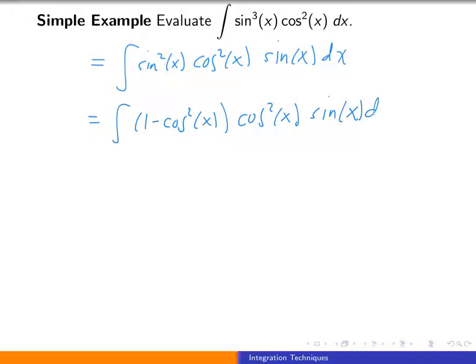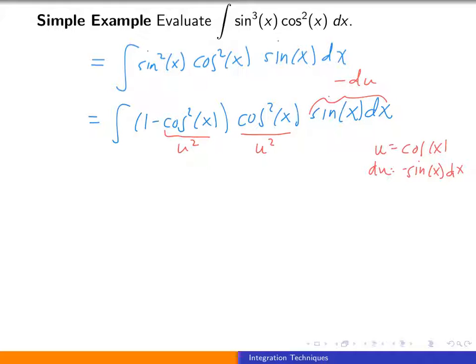And now that we've done this kind of reduction of power technique, we're in an ideal situation to do a u substitution. We'll let u be cosine so that du is minus sine. So we have the cosine here is going to become a u, cosine squared is going to become u squared, and the sine x dx is going to be minus du.